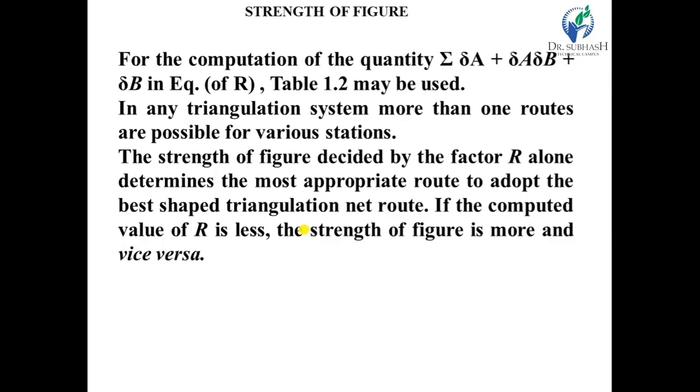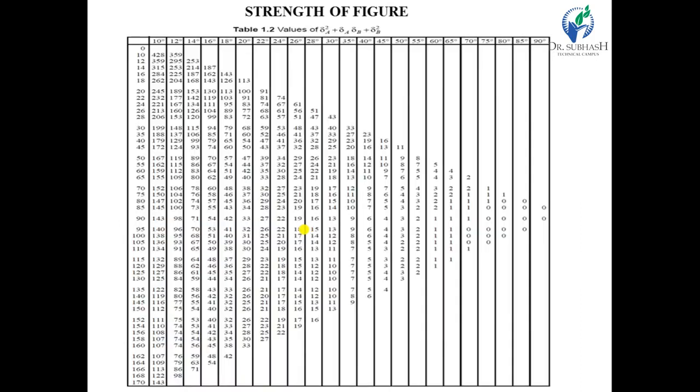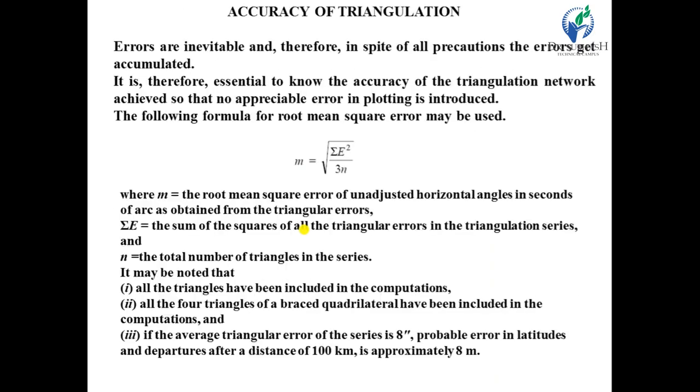If the computed value of R is less, the strength of figure is more, and if the computed value of R is more, the strength of figure is less. Now that is the table for calculation of values of R. For given values of delta A and delta B, we can choose the value of R from the table for the calculation of strength of figure.